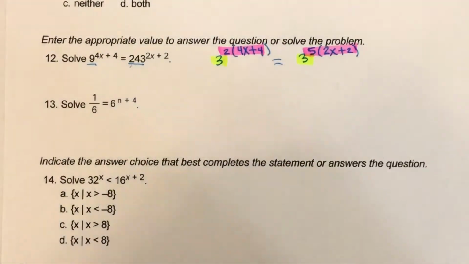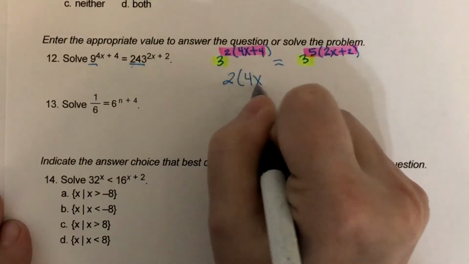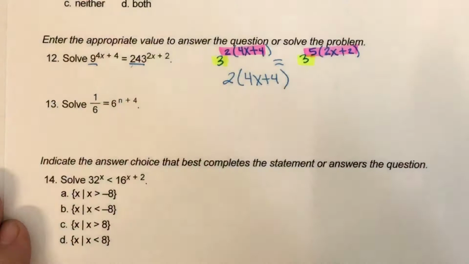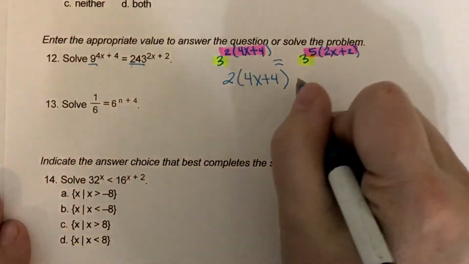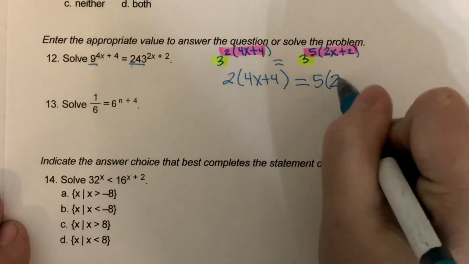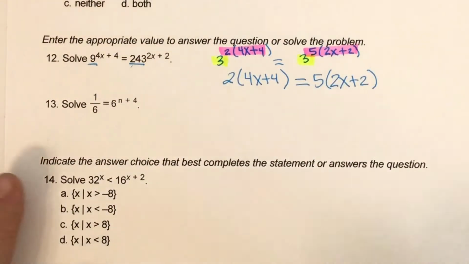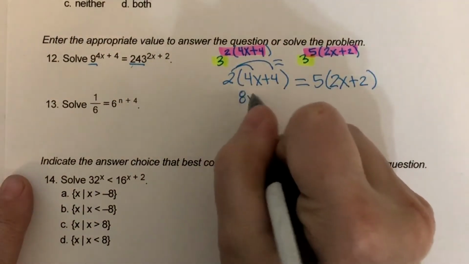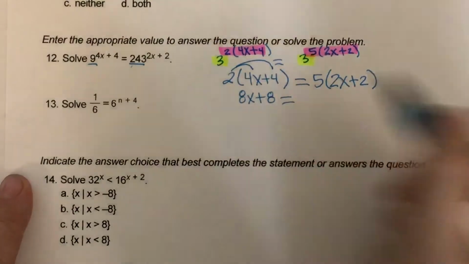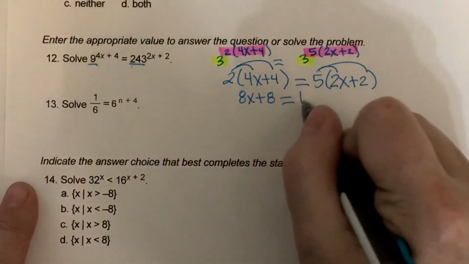So this exponent, 2 times 4x plus 4, equals this exponent, 5 times 2x plus 2. All right, let's distribute to get rid of those parentheses. So when you distribute the 2, you get 8x plus 8. When you distribute the 5, you get 10x plus 10.